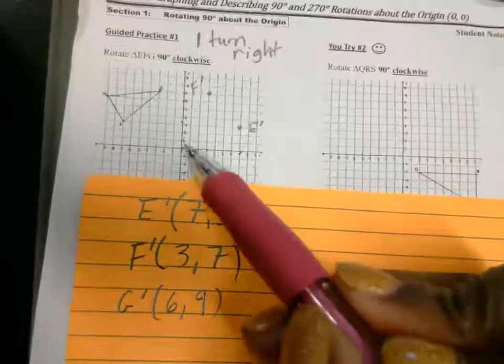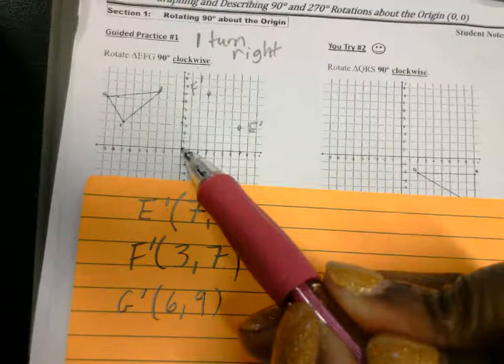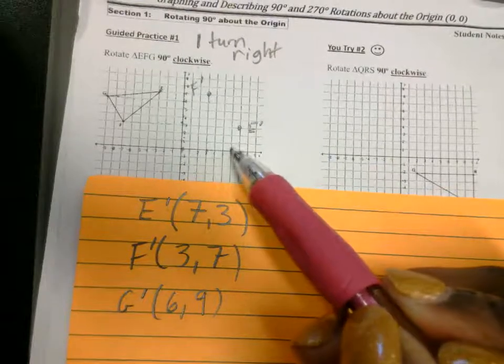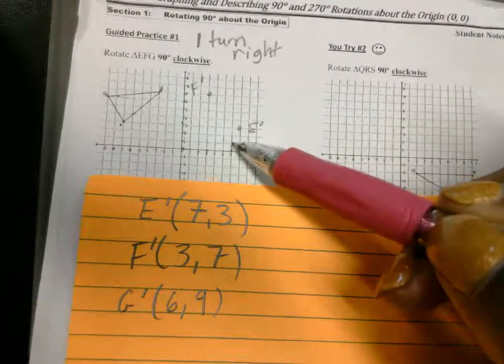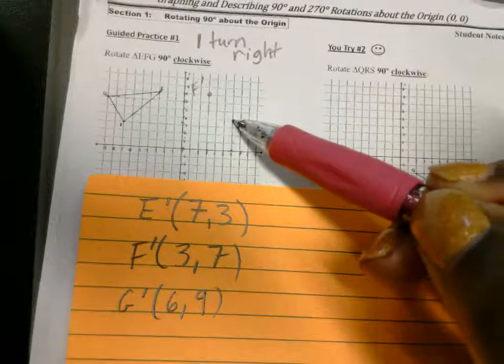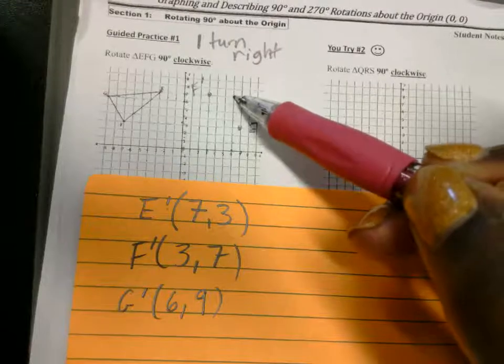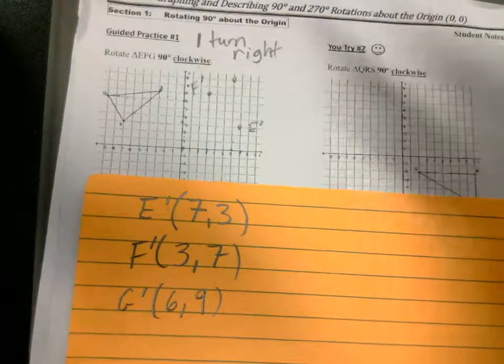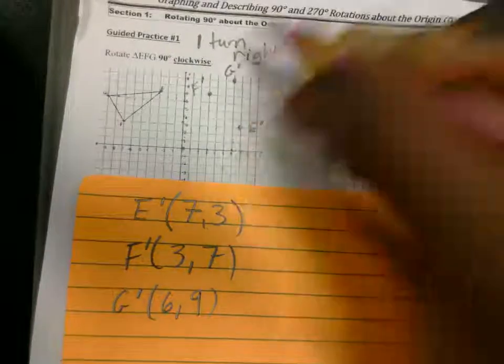G, start at the origin, go over 6 and up 9. This is G prime. And connect.